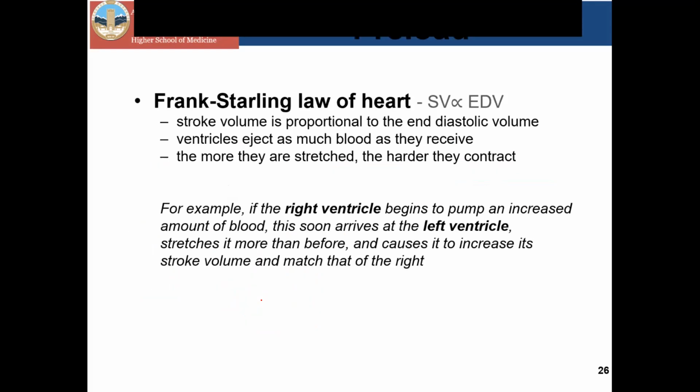And also about the Frank-Starling law of the heart: stroke volume is proportional to the end-diastolic volume. Here we have an example. The more they stretch, the harder they contract. This is the idea.